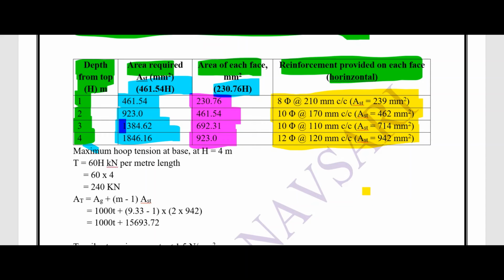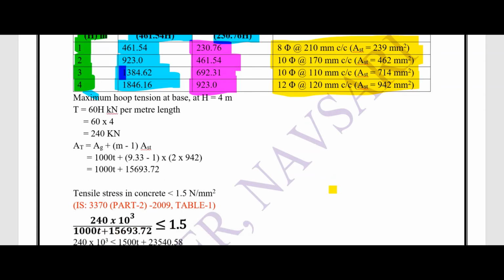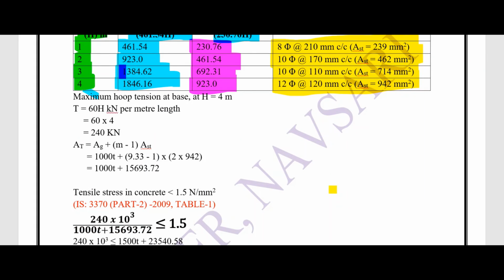From top to bottom, 0 to 1 meter is 8 mm dia at 210, 1 to 2 is 10 mm dia at 170, 2 to 3 meter 10 mm dia at 110 mm, and 3 to 4 meter 12 mm dia at 120 mm center to center. Now our design is completed for the horizontal reinforcement.